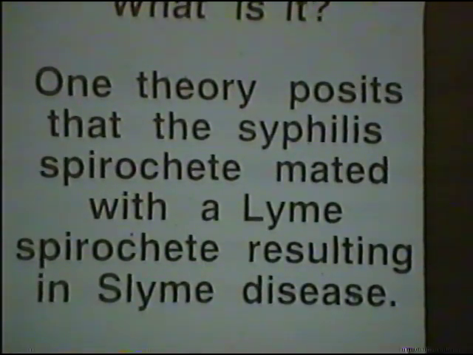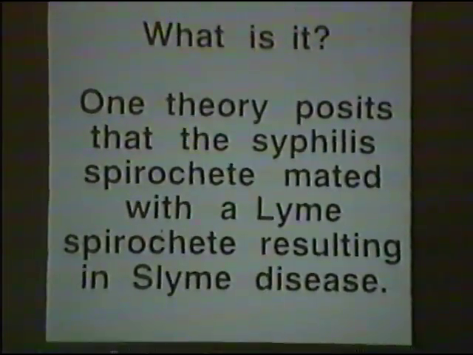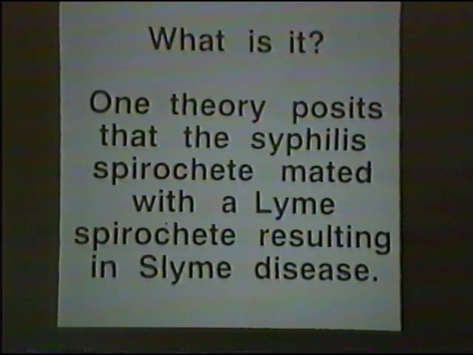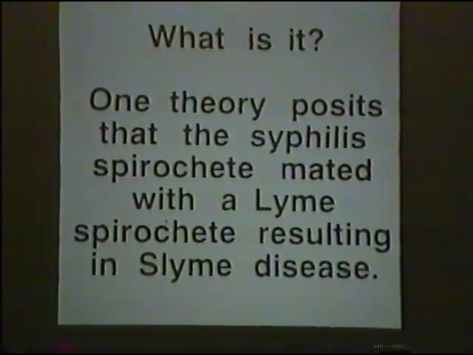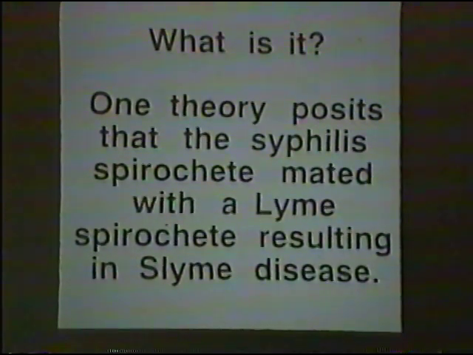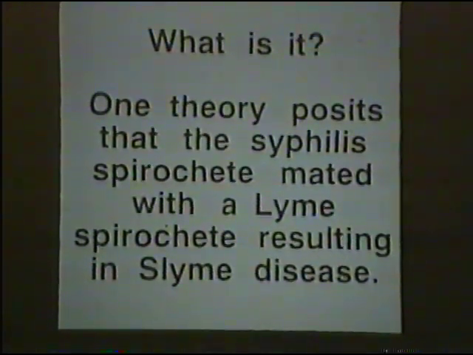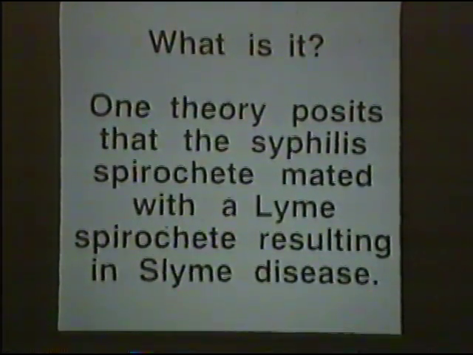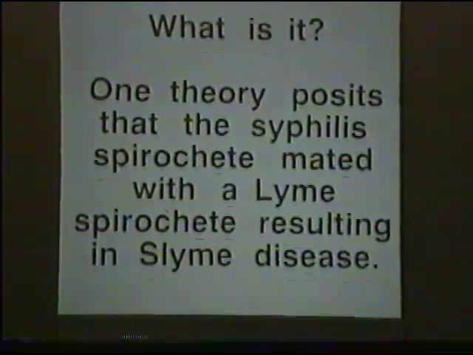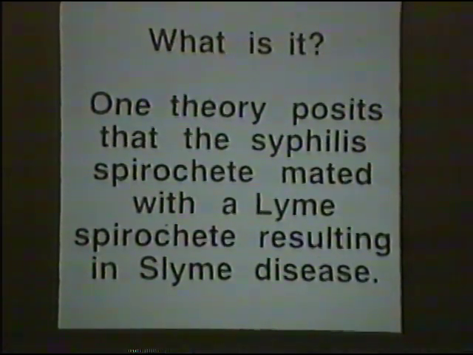So we explained that what happened was that in East St. Louis we had a syphilis spirochete that mated with a Lyme spirochete. And what we have in Missouri is Lyme disease. And you are most at risk when you become intimate with promiscuous strangers in wooded areas.